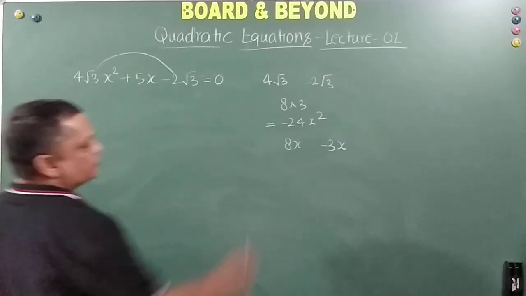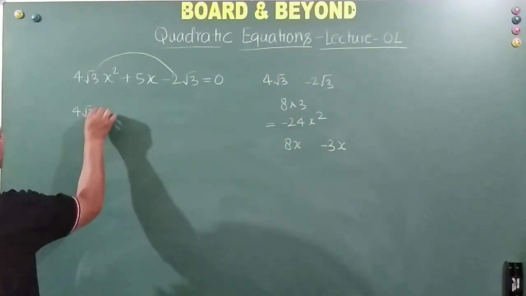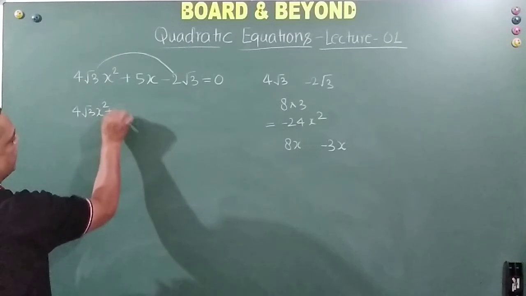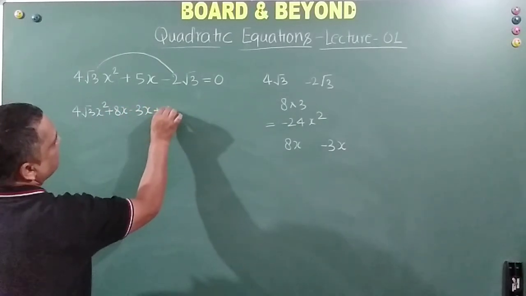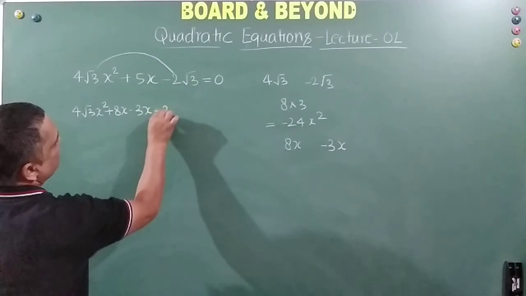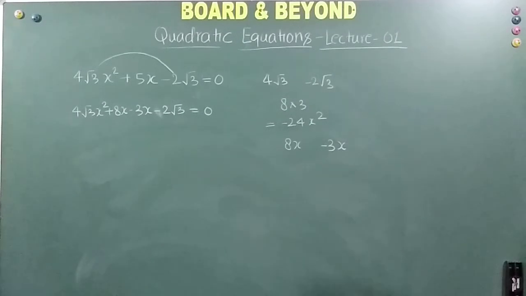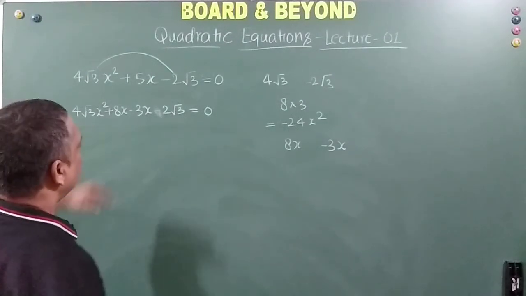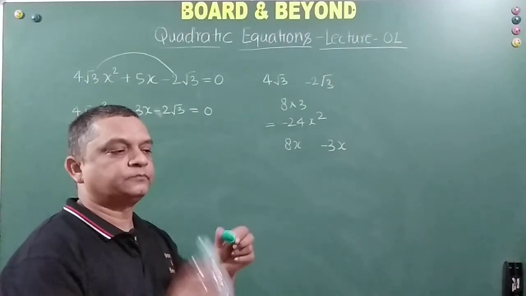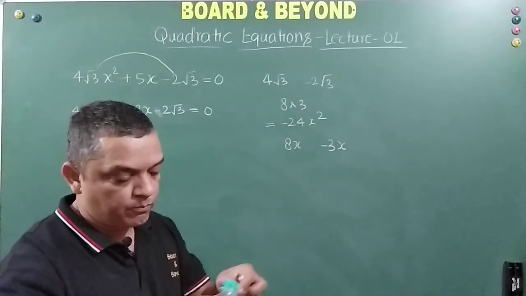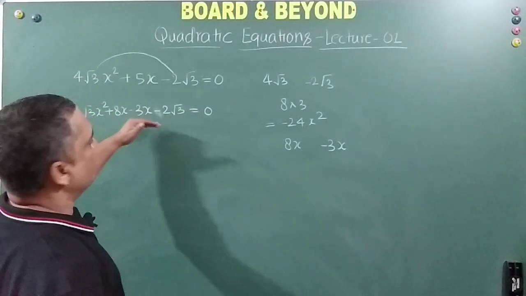You got it? So now we will do like this. 4 root 3 x square plus 8x minus 3x minus 2 root 3 is equal to 0. Now we will first try to take common out here.